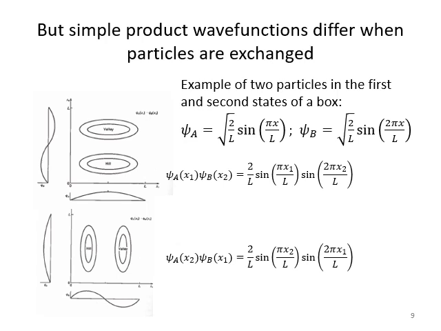So this is x1 here, position of particle 1, position of particle 2, all right? So this is not your standard xy axis. This is position in x of particle 1, position in x of particle 2.